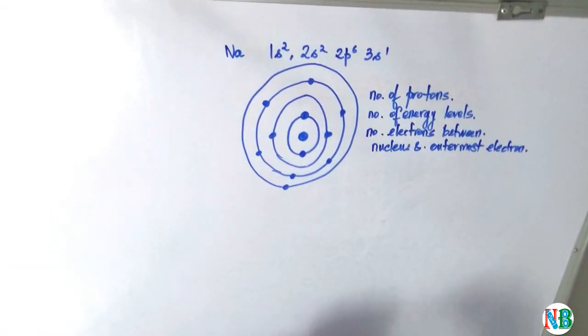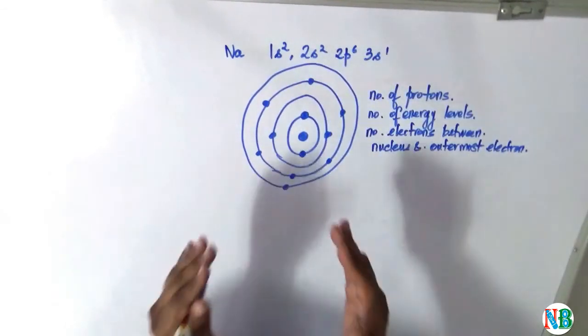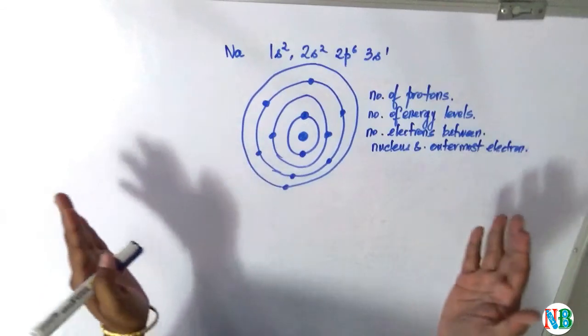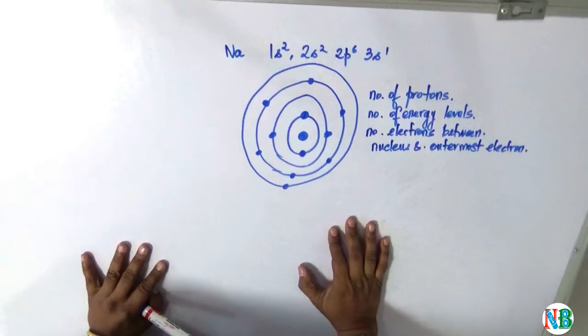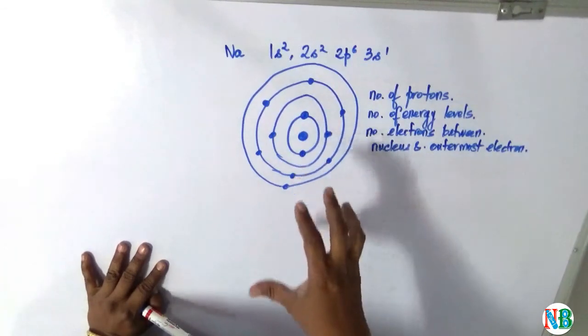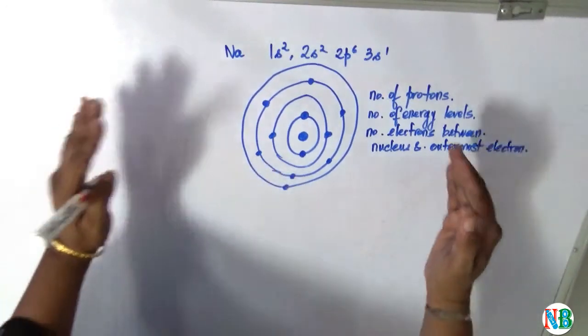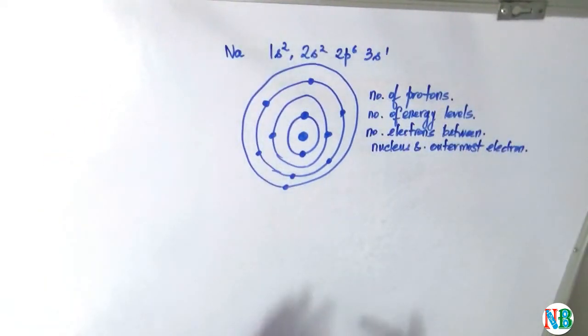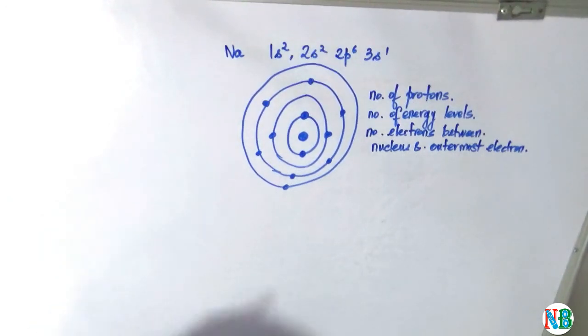Now as the number of orbitals increases, the electrons go further and further away from the nucleus. So will you not assume that the force of attraction gets reduced, weakens? So then what happens to the electrons in the outermost orbital? They tend to move away. Because of this shielding force, they tend to move away. So that does affect the size of the atom.